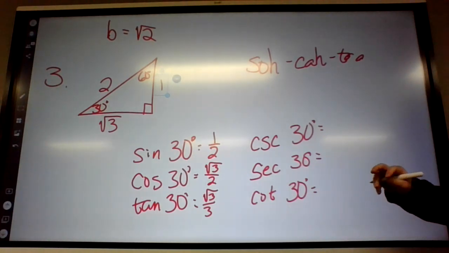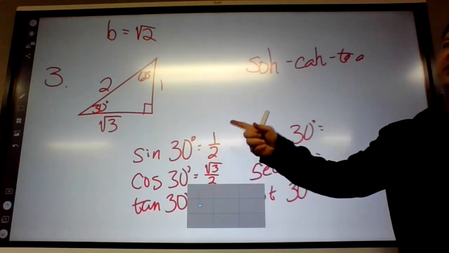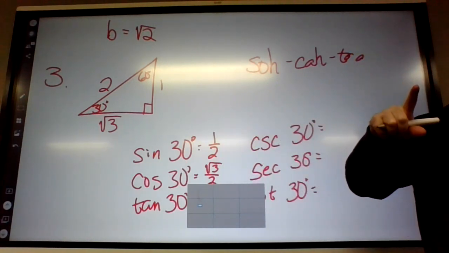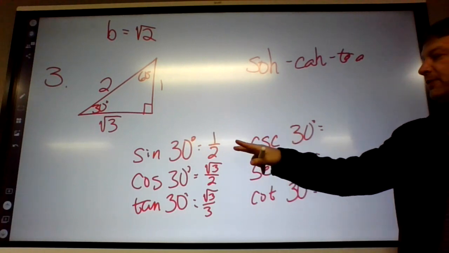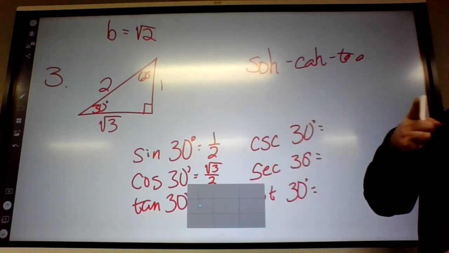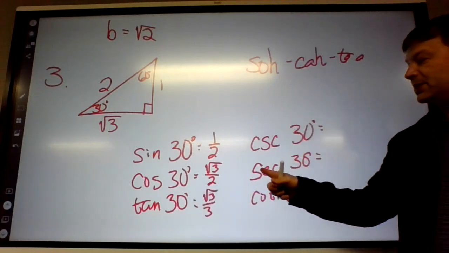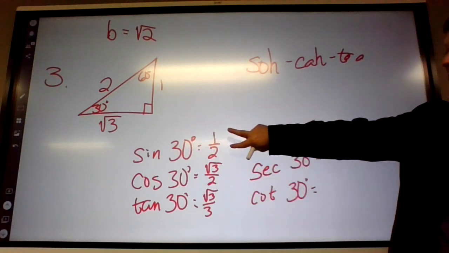Remember how we did it? We just do the reciprocal. Cosecant is just sine upside down, secant is cosine upside down, cotangent is tangent upside down. So we just gotta flip them upside down.